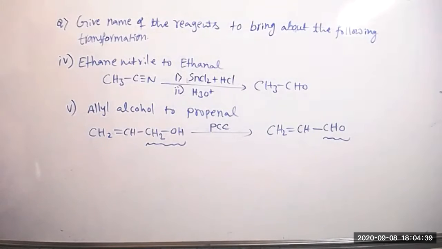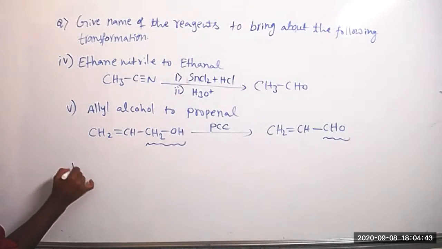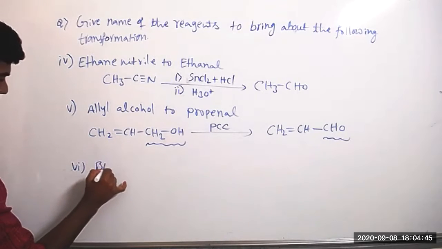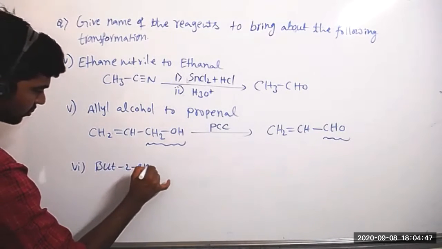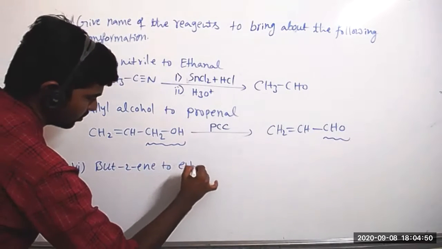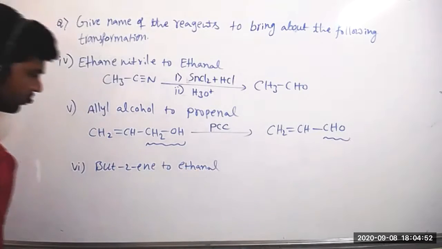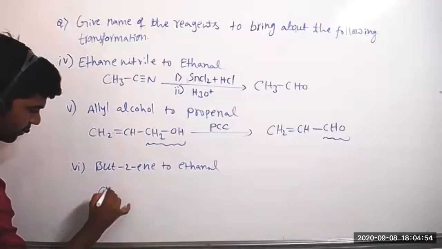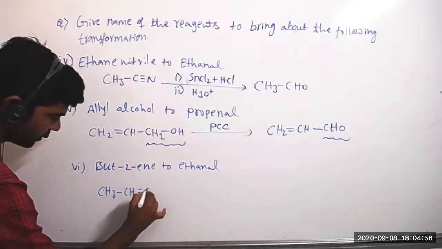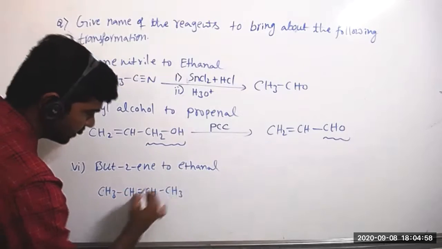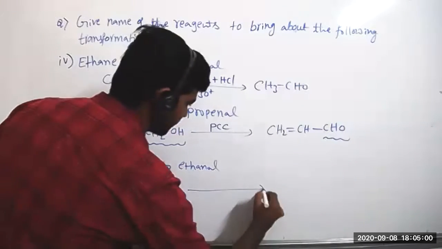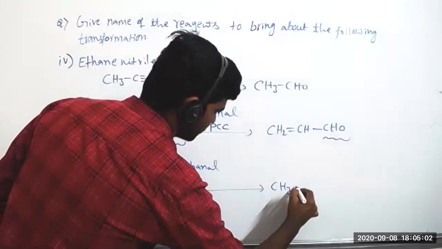Last one, but-2-ene into ethanal. CH3 CH double bond CH CH3 is converted to ethanal, CH3CHO.